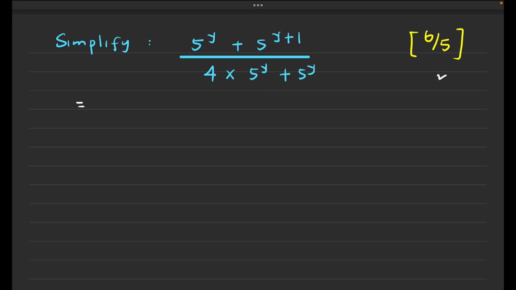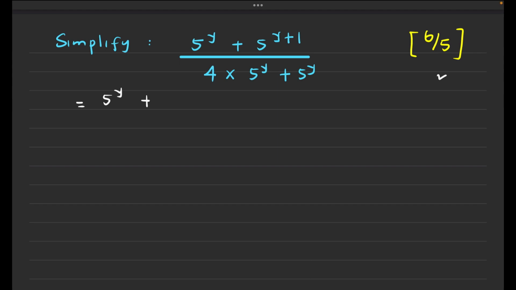So we've got 5 to the y over here, and then plus, let us look at these guys. So 5 to the y plus 1, how can we reverse that? We're going to reverse the product rule.